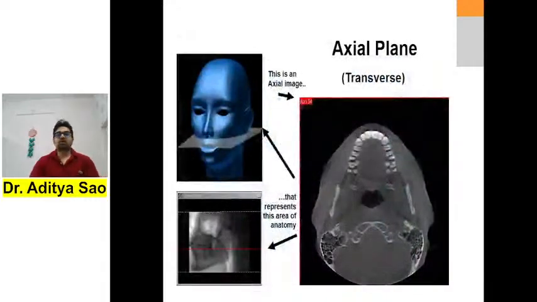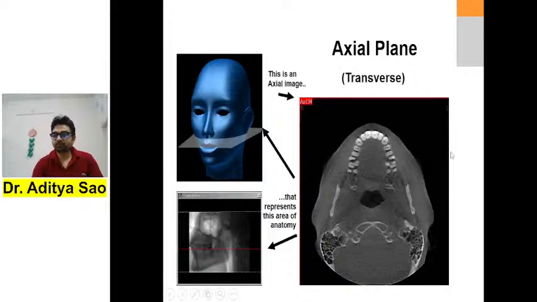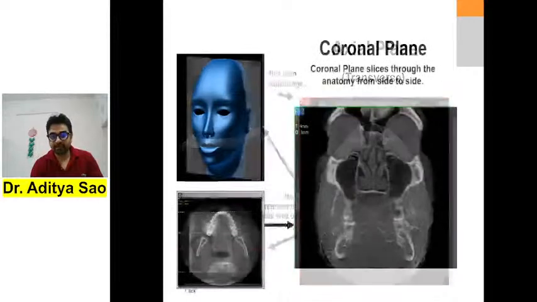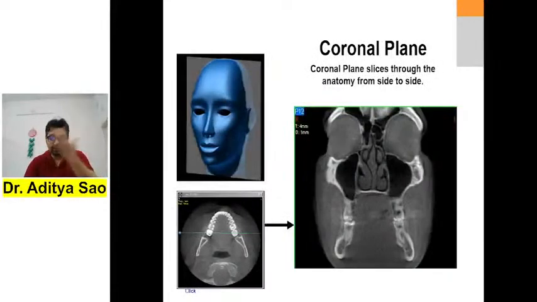So this is how an axial plane looks like. In this you can see the area of the maxillary teeth. This is my frontal view, the coronal portion.